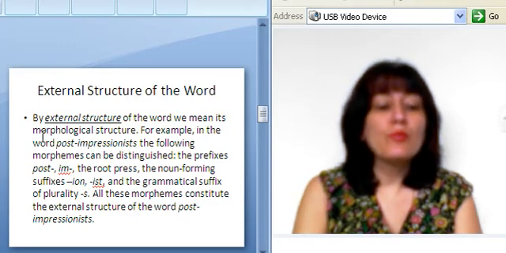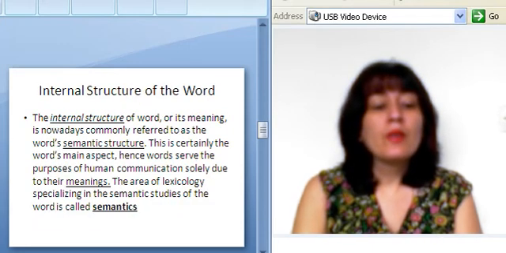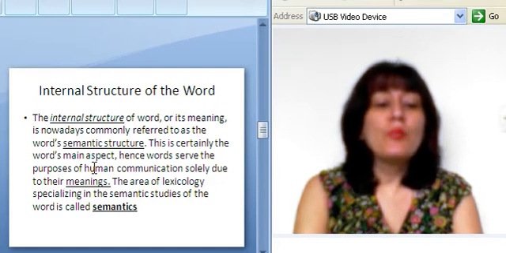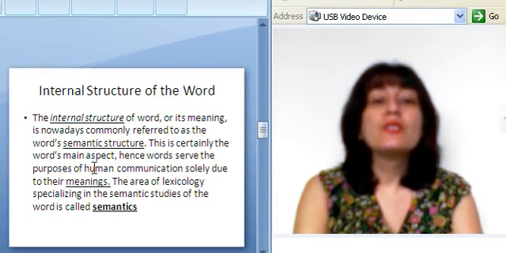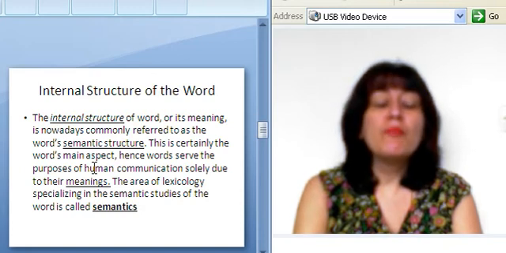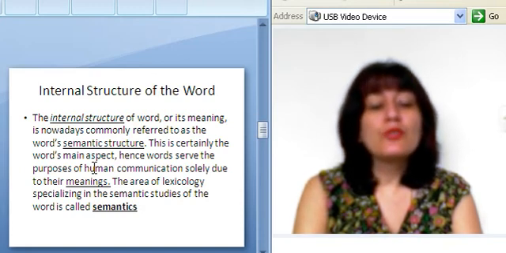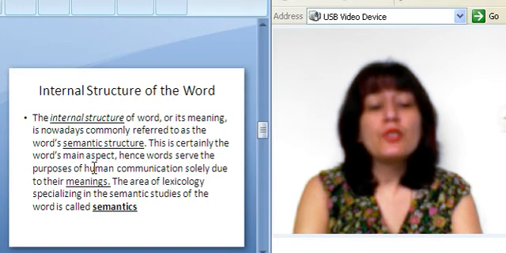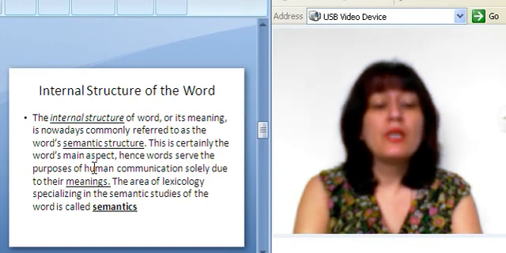The internal structure of a word or its meaning is nowadays commonly referred to as the word's semantic structure. This is certainly the word's main aspect. Hence, words serve the purposes of human communication solely due to their meanings. And the area of lexicology specializing in the semantic studies of the word is called semantics.